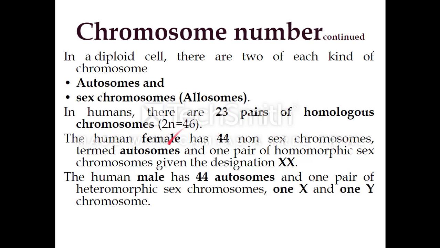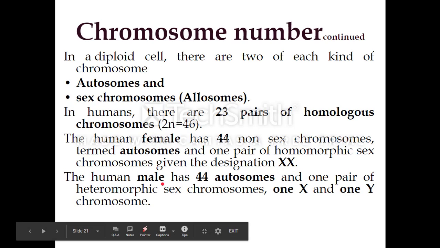In human female, we have 44 non-sex chromosomes called autosomes and 1 pair of homomorphic sex chromosomes given the designation XX, so 44 plus XX in female.